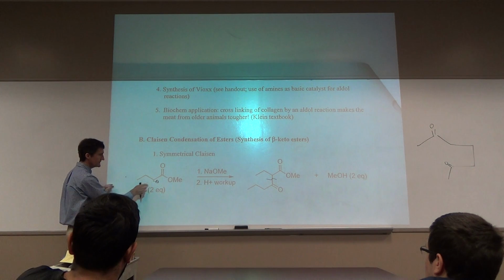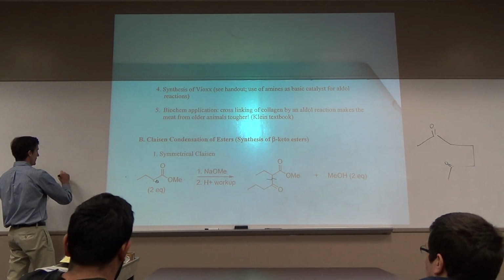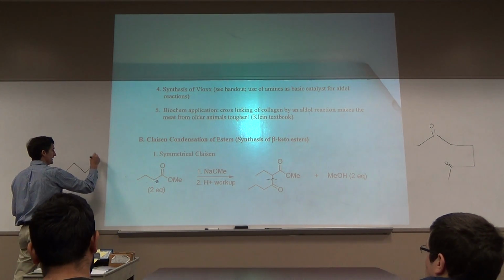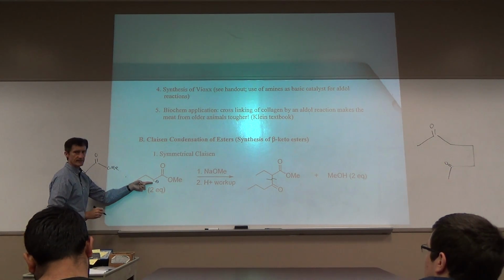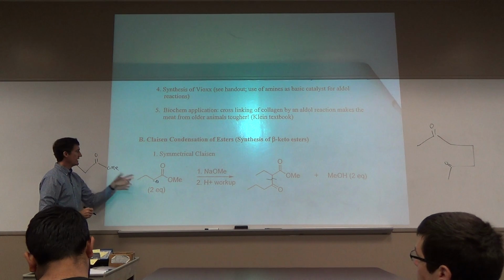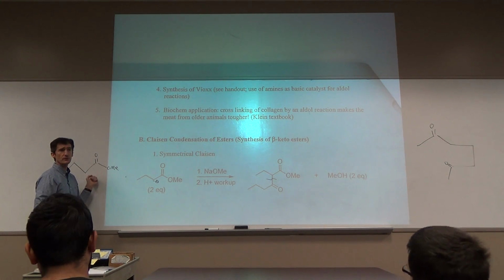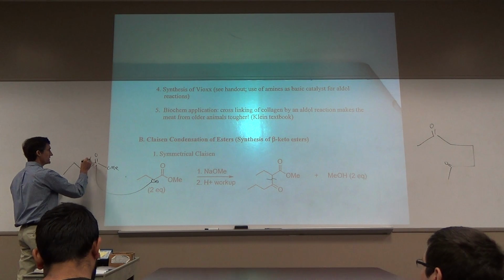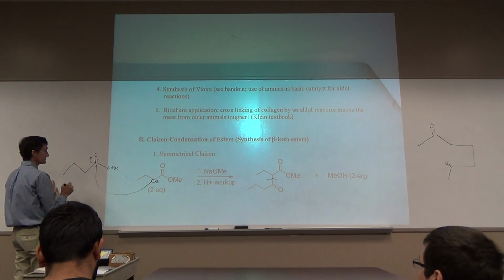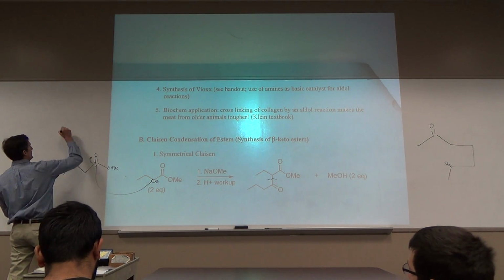Okay. What can this attack? Well, it can attack another of itself. Once we recognize this is a nucleophile, then we're just doing acid derivative chemistry that we could have done a month ago. Nucleophile comes in, electrons up. What does this give?